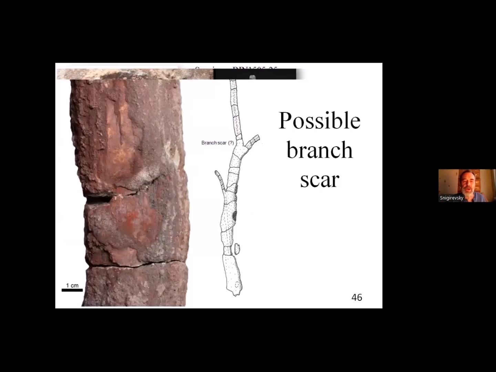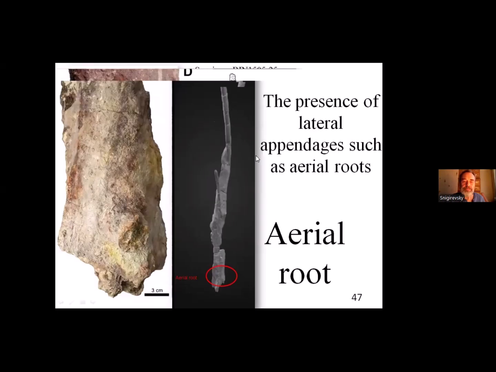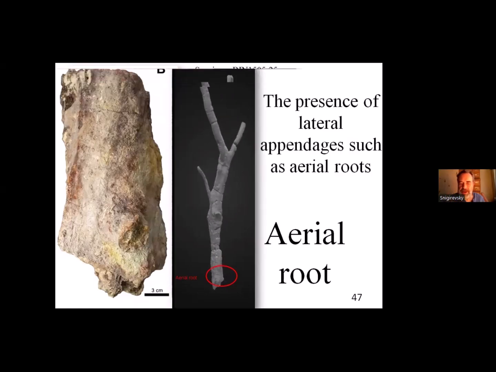Then we have another possible branch scar. Here it is, somewhat higher than the upper division. Yeah, the upper division. So the presence of lateral appendages was established.